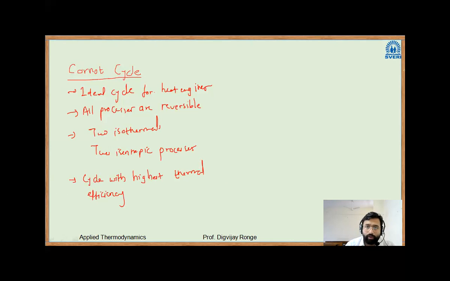Okay, I will draw the Carnot cycle. Please draw along with me. We'll draw in two steps. First, we'll draw it on a temperature versus entropy diagram. Second, we can draw it on a pressure versus volume diagram. First of all, write down this introduction part, all what I have written here.